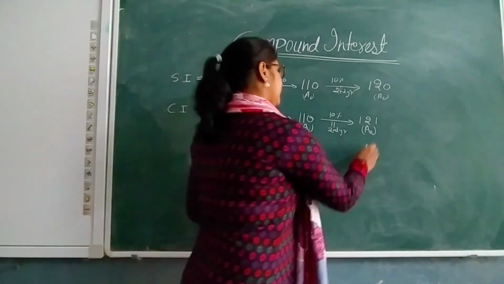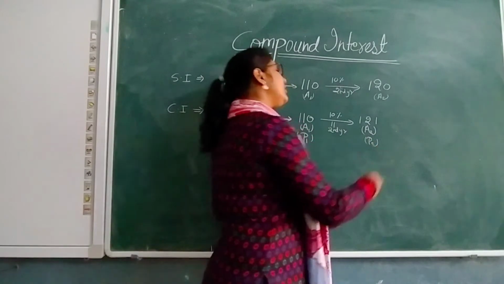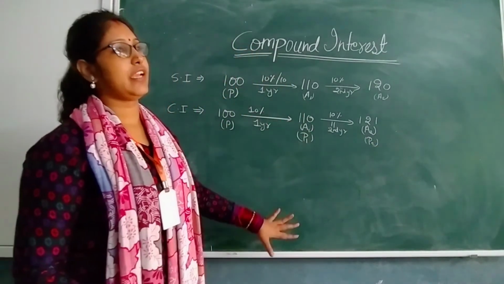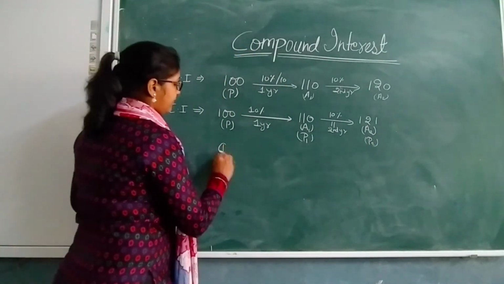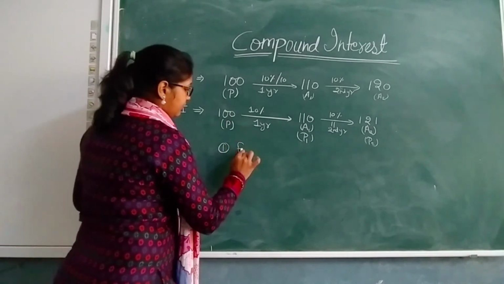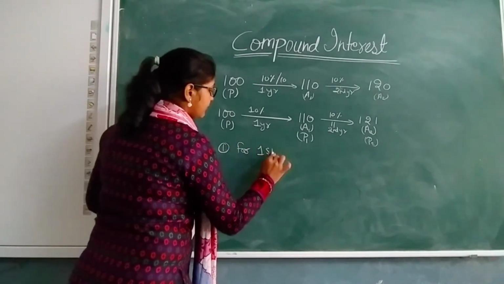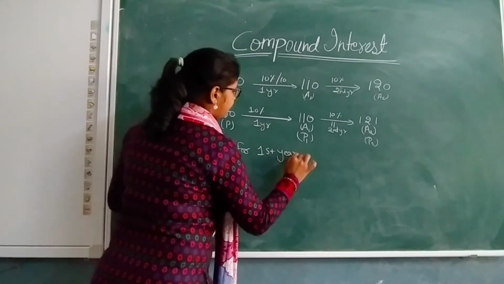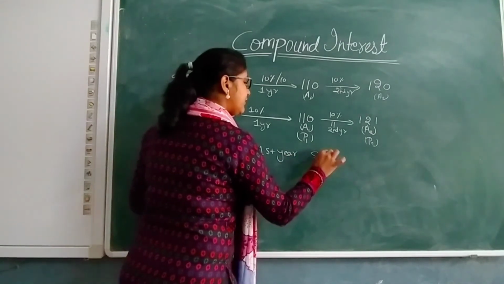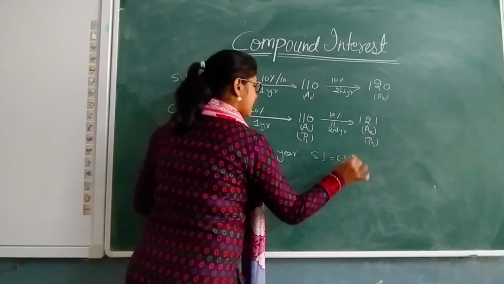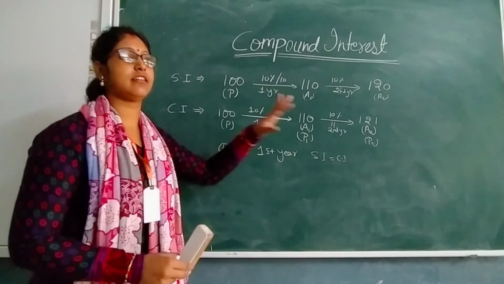When we see these examples, we can understand one thing. For the first year, simple interest is equal to compound interest. But for the second year, these are varied.